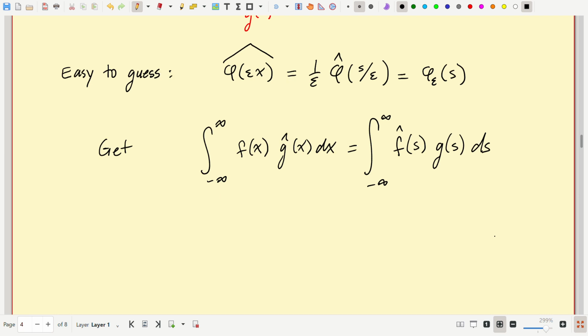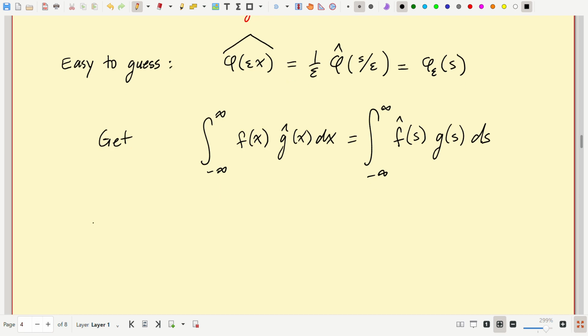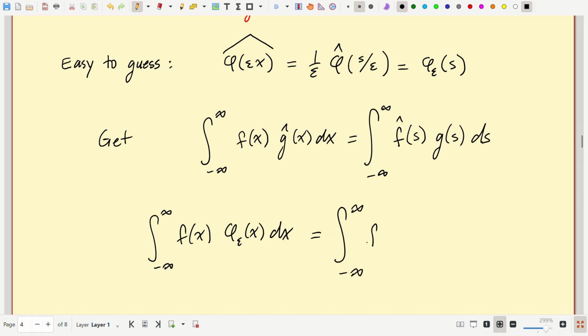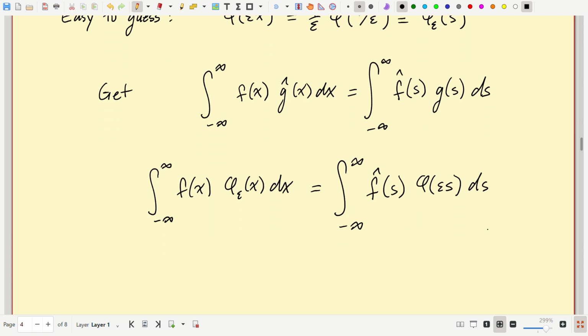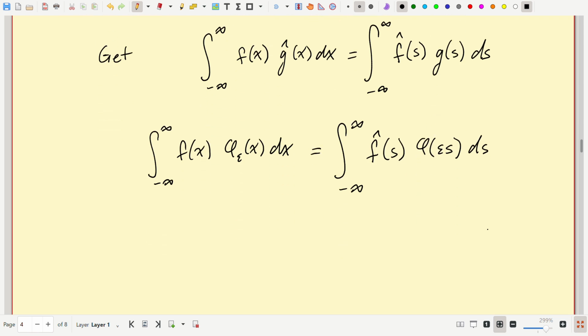Which now, using this function g that I've chosen up here, becomes the integral from minus infinity to infinity of f of x times my bump function. That's equal to the integral from minus infinity to infinity of f hat of s times phi of epsilon s ds. And remember what that is.